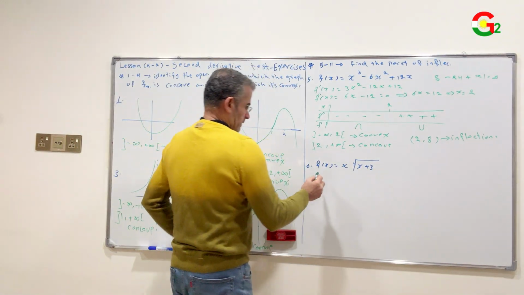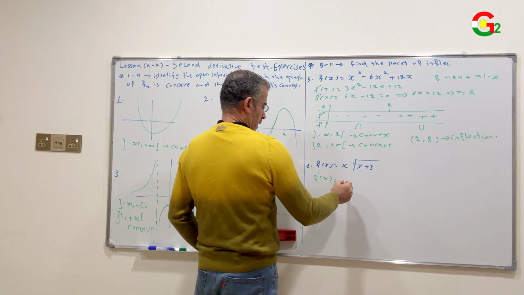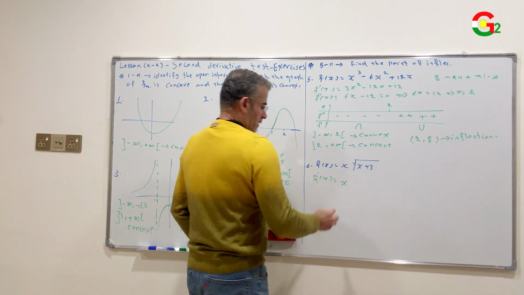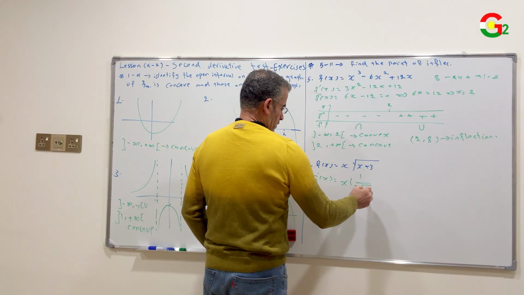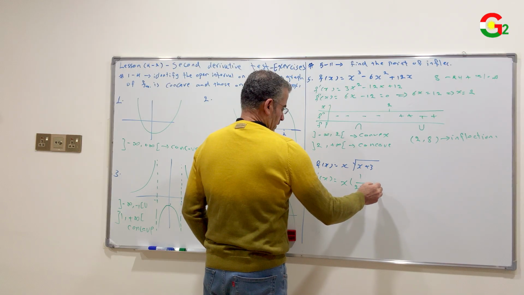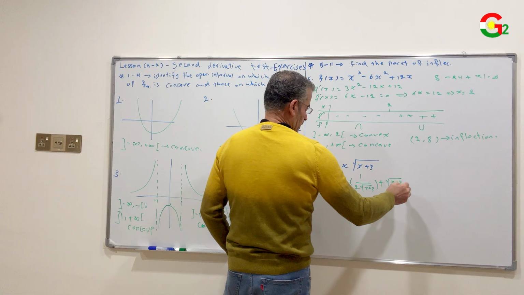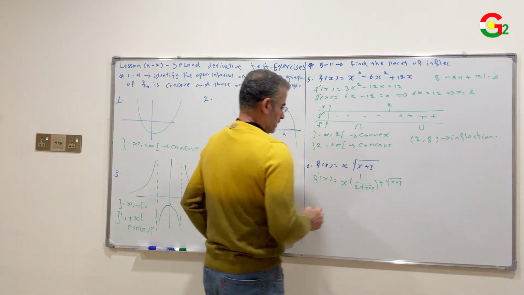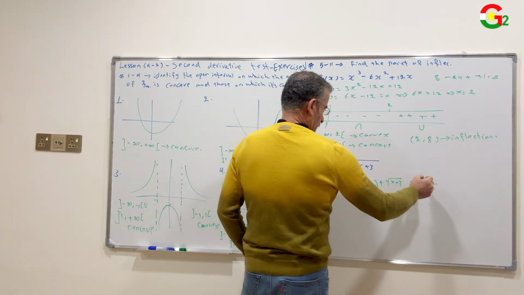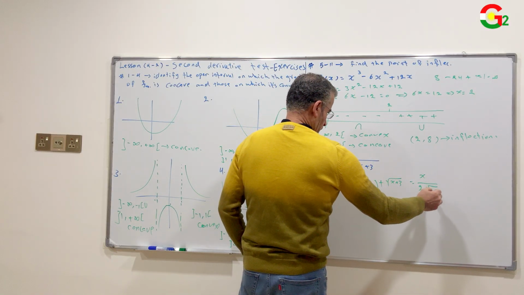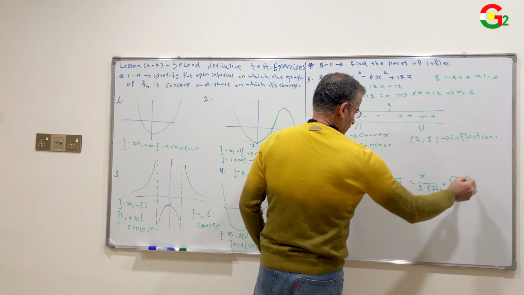Question number 6. Find the first derivative of this function. f prime of x equals the first function times the derivative of the second function, 1 over 2 square root x plus 3, plus the second function square root x plus 3 times the derivative of the first function, 1. Simplify this: x over 2 square root x plus 3, plus square root x plus 3.